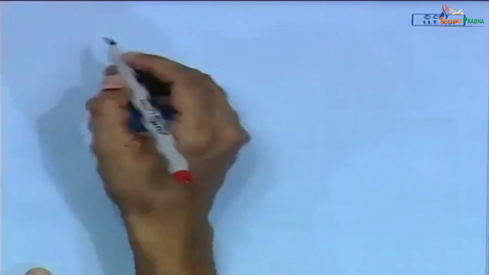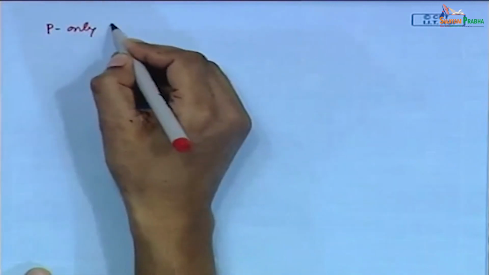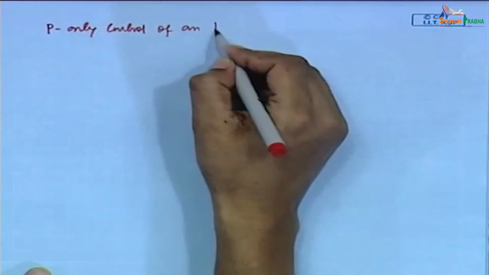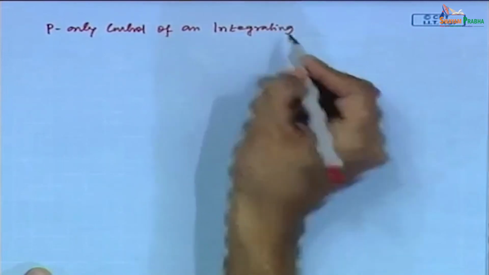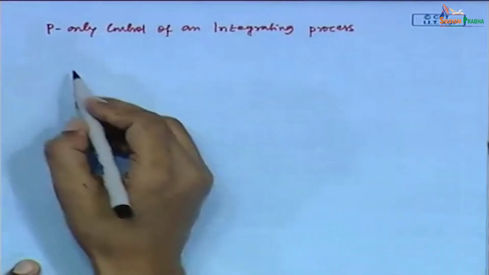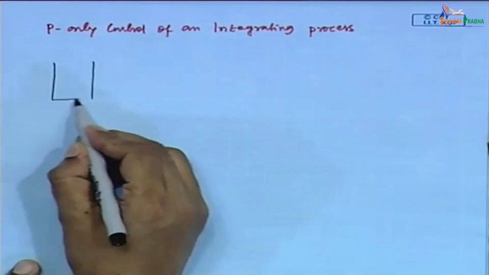So, next we will discuss the P only control of an integrating process. For this purpose we need to consider an integrating process.